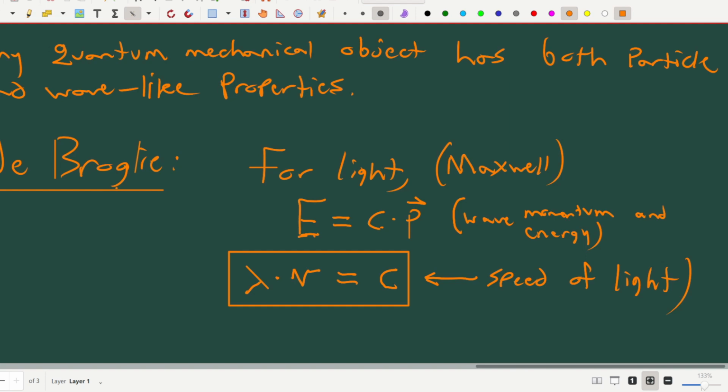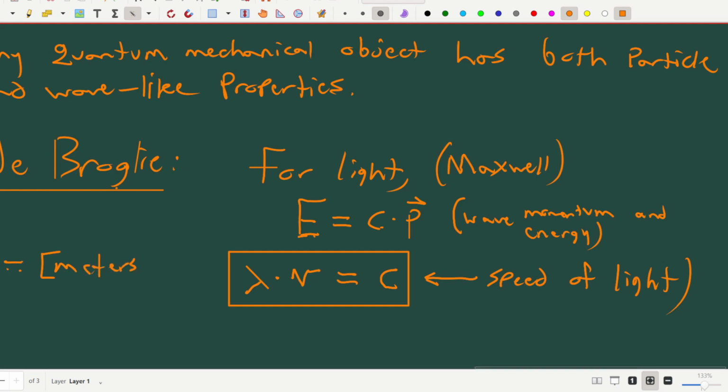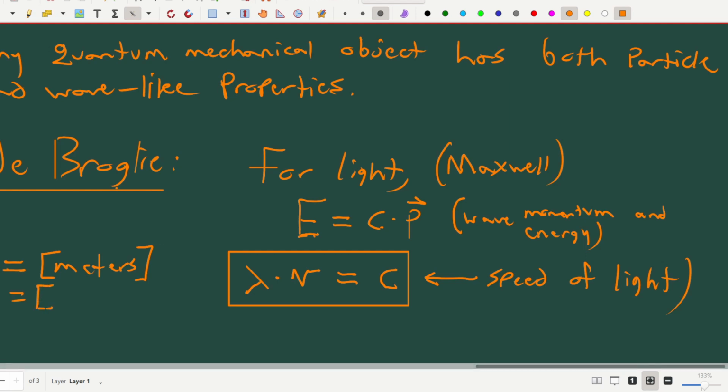So you can always convert between wavelength, which again has units of meters, and frequency, which has units of per second, per time. And you can always interconvert them with this formula. It's very, very useful, as we'll see in a second.